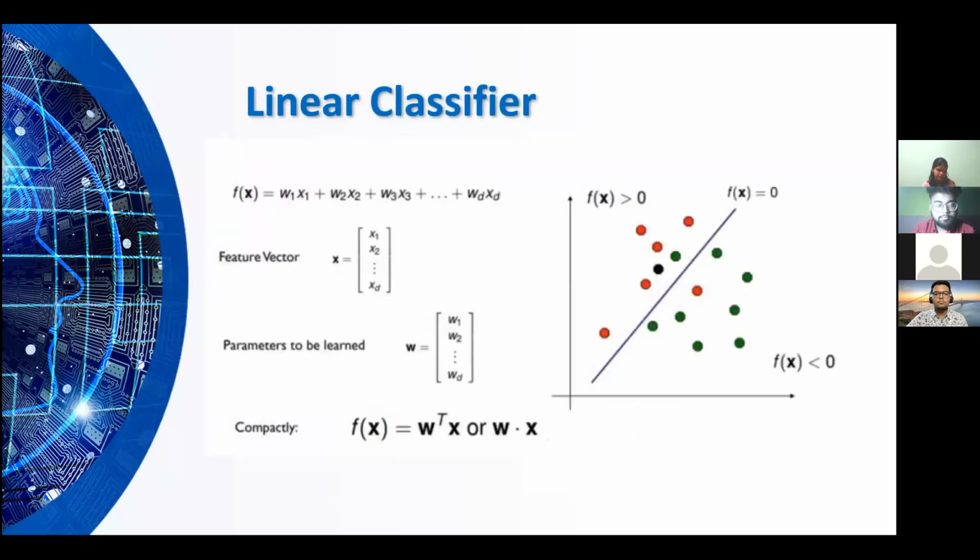In the case of a linear classifier, which also adopts the same concept of the perceptron, it just classifies based on the weights for each of the input features. It's exactly the same as what we mentioned previously. We have the function of x, where we assign a weight to the particular input.